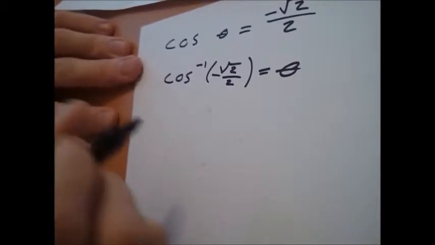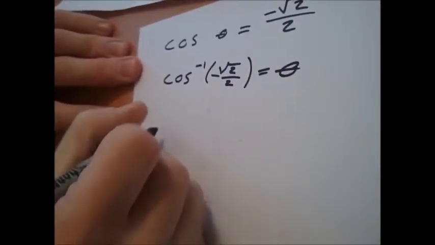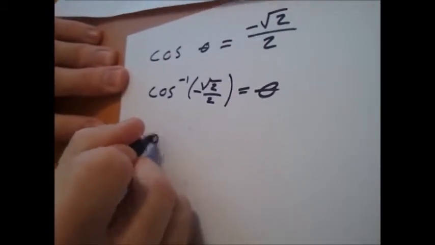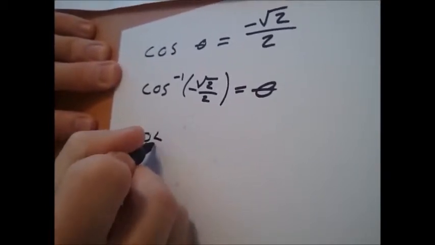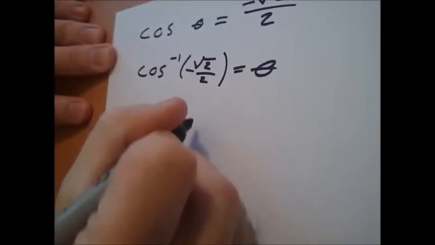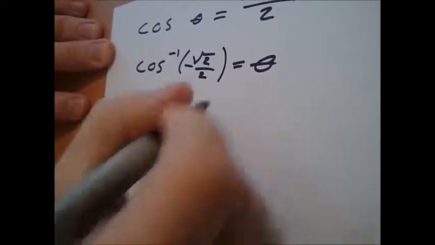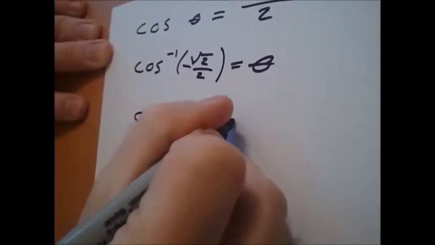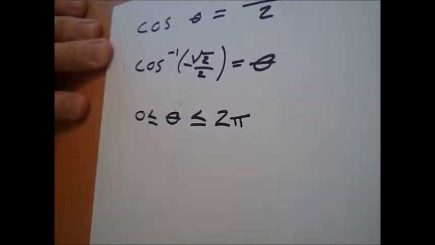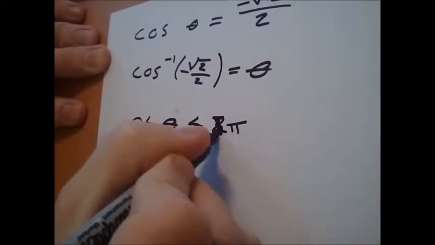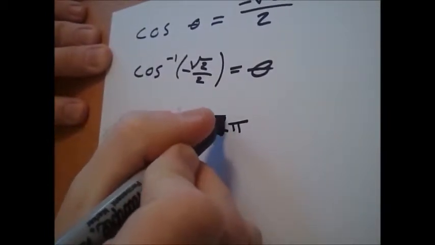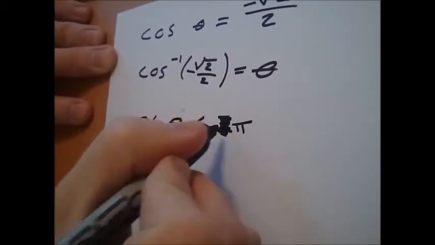For cosine, our theta has to be between 0 and 2 pi. Oh, excuse me. I'm getting a little bit pi happy here. Thinking of dessert.